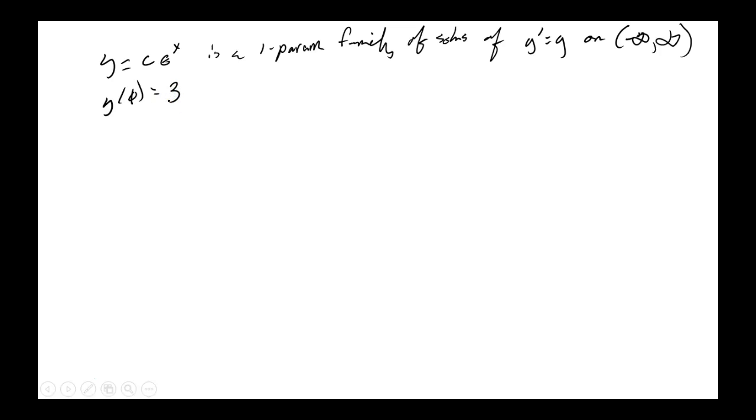Okay. y of 0 is equal to 3. Then you plug in 0 for x and 3 for y. Here's your solution, and you say 3, that's your y, is equal to c e to the 0. Well, we know that e to the 0 is equal to what?